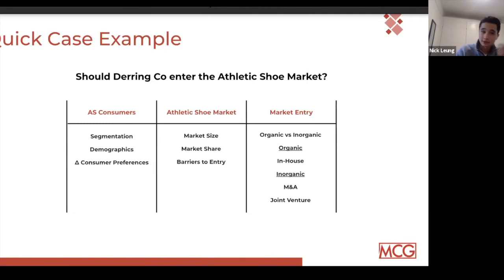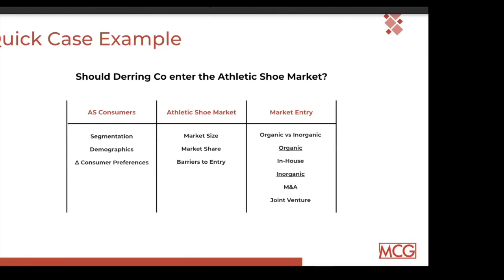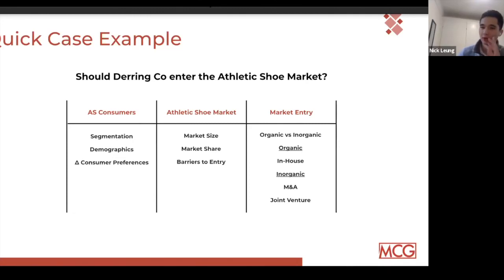Cool. Anyone else? For something like this, where they ask should we enter a market, if the data shows that we shouldn't, are they expecting us to provide an alternative solution, or just say no, don't do this, and figuring out how to make profits otherwise is a different problem? So if we go back to the three ways we break down a recommendation: solution, risks, next steps.